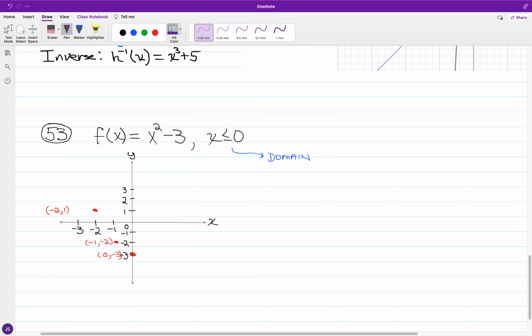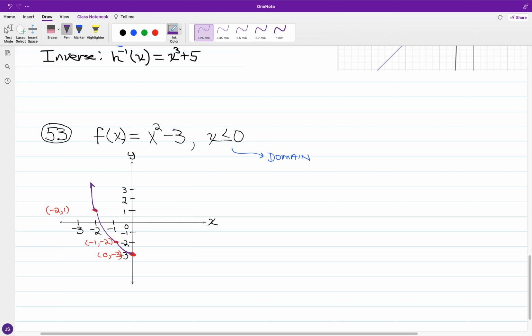And looking at what we have in graphing, everything in x, if it's not on 0, is going to be to the left of 0. Just a couple of things here: x is less than or equal to 0.